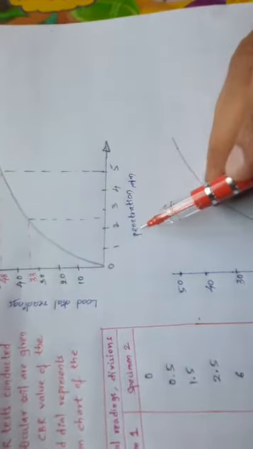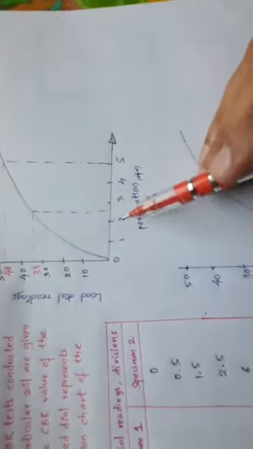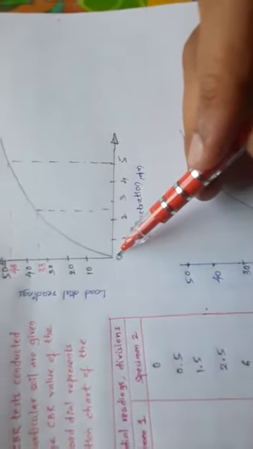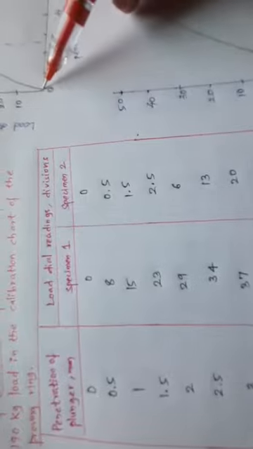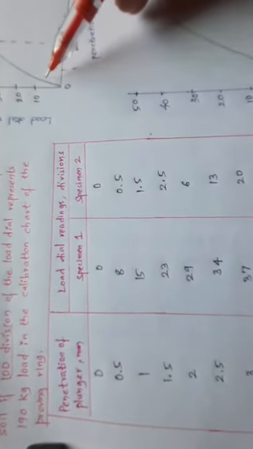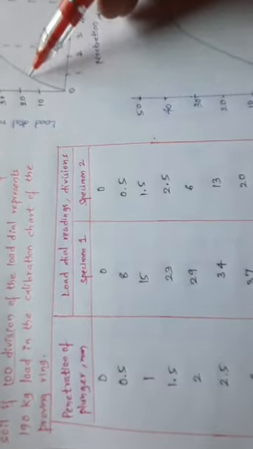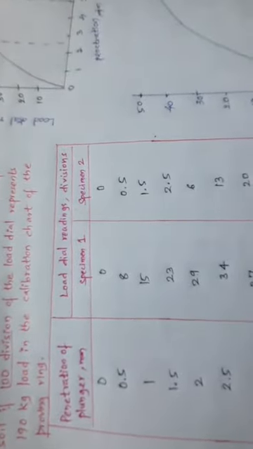If you draw the graph, you are going to get a graph like this. I have drawn penetration in mm 0, 1, 2, 3, 4, 5 up to 12.5. For 0 penetration, I kept the point here. For the next, 0.5 it is 8, for 1 it is 15. In that way I plotted this graph.